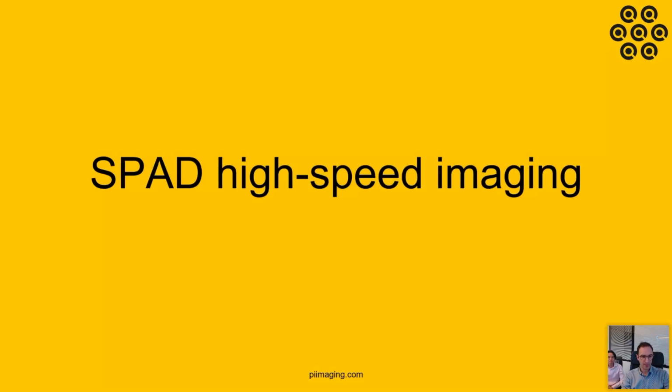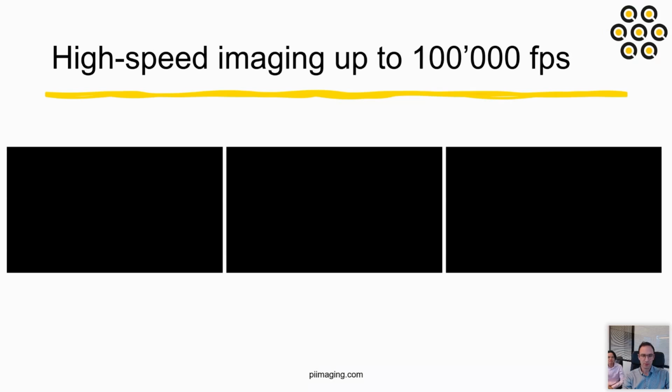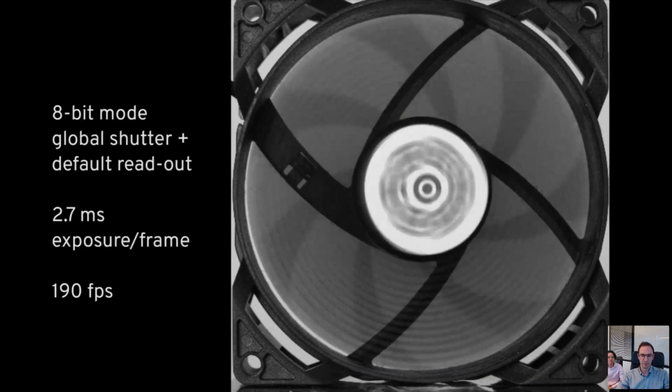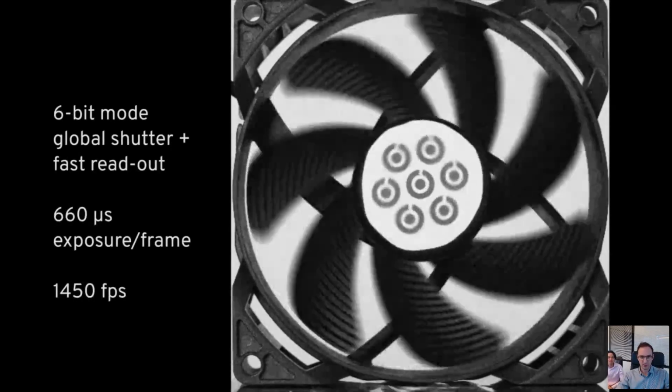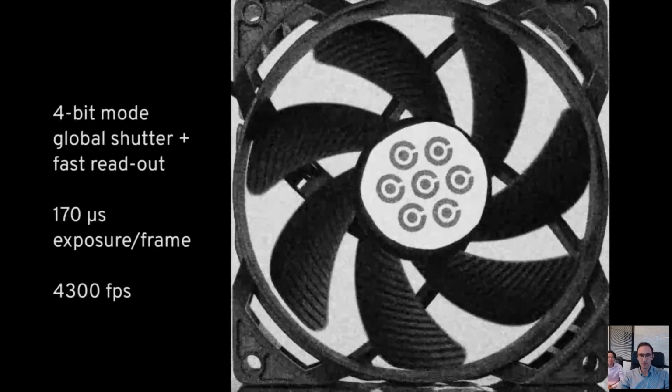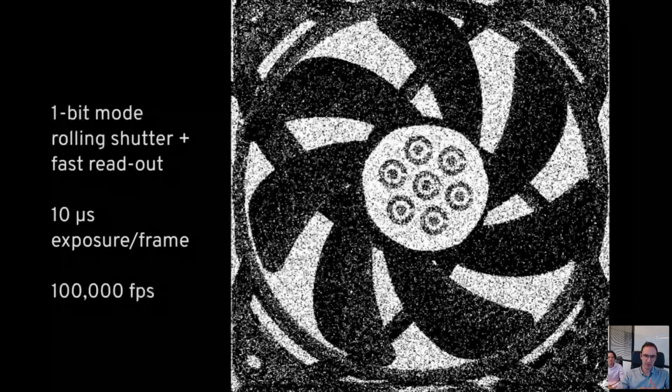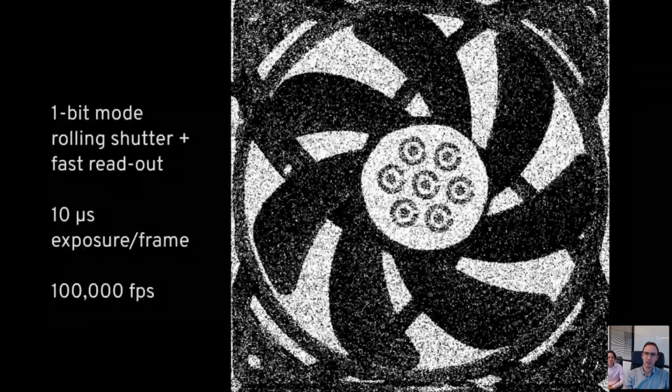Okay, then further to high-speed capability, I would like to show you a fan being imaged at normal speed and then all the way increasing to 100,000 frames per second. You can see that the SPAD image sensors are operated in global shutter mode, where the frame rate can be disentangled from the exposure.